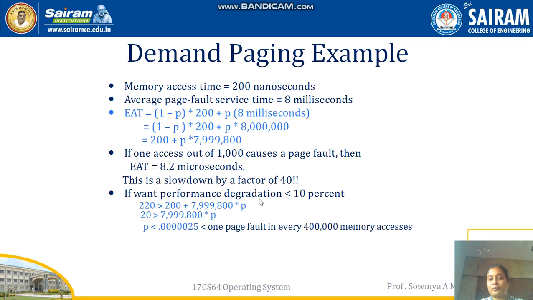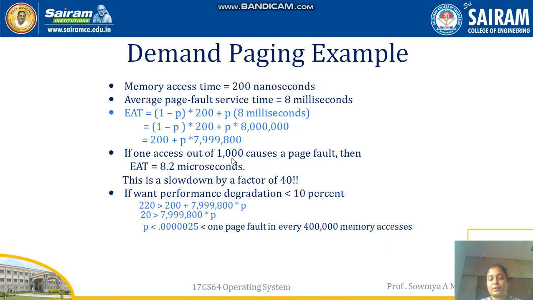What if the performance degradation is to be less than 10%? For 200, 10% is 20, so 220 is the limit. So if the performance degradation is less than 10%, then there can be one page fault for every 4 lakh memory accesses.